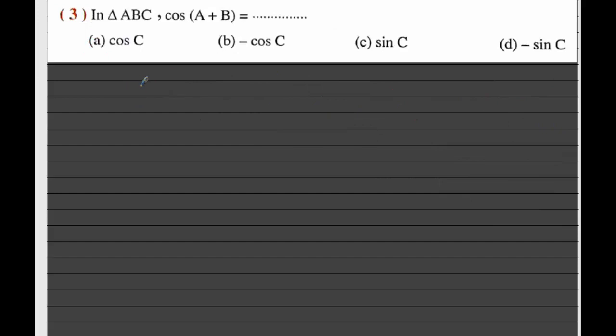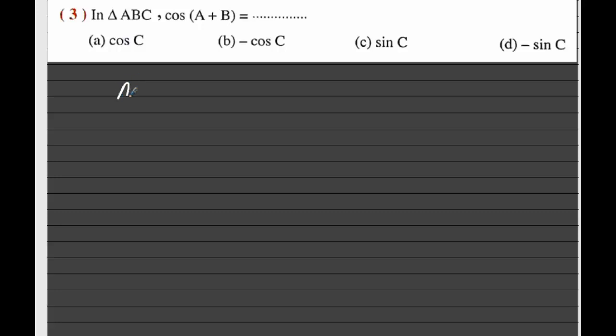Next question, question number 3. In triangle ABC, cosine A plus B equals... We know that in any triangle the sum of the interior angles equals 180.